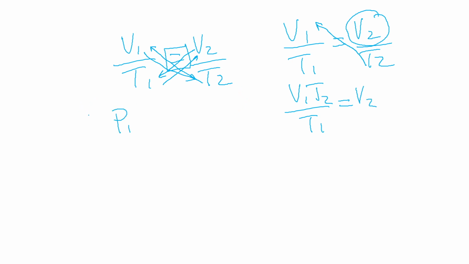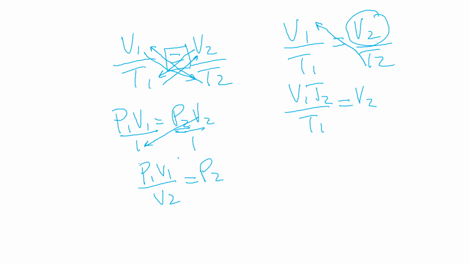Now, if you had P1V1 equals P2V2 and you want to solve for pressure P2, although it's not written as a fraction, you can think of it like a fraction, which means they're both on top. We want to move our V2 to the bottom, and that gives us P1V1 over V2 equals P2. So that's how you could quickly rearrange these equations. If you had P1 over T1 equals P2 over T2, and we want to solve for T2, whatever you want to solve for needs to be on top by itself.